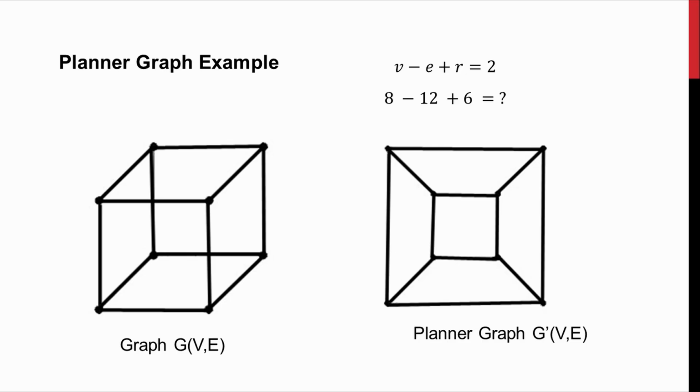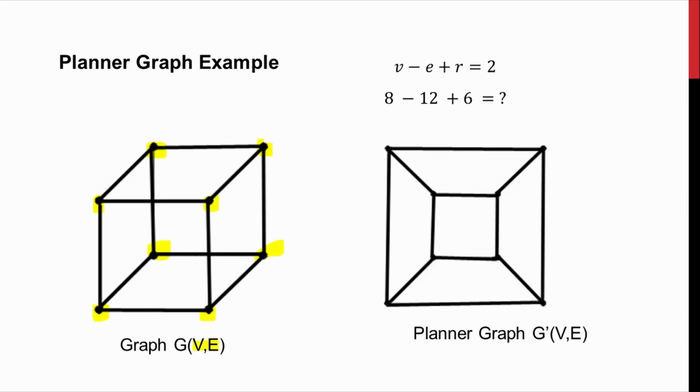Here we have a graph G with a pair of vertices and edges. Here we have two sets, V is vertices and E is edges, and in set V the total number of elements is 8. These are the vertices: first, second, third, fourth, fifth, sixth, seventh and eighth.